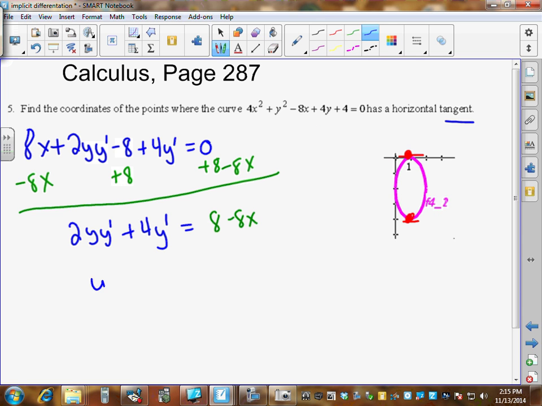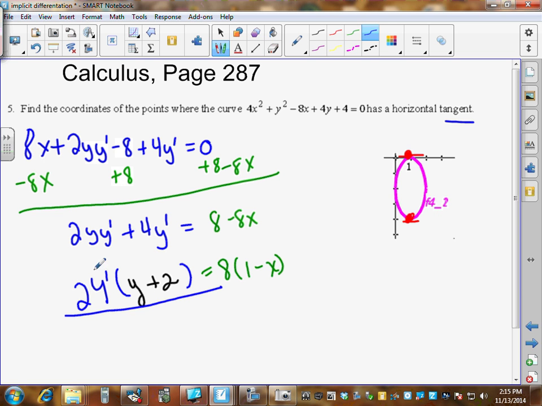Over here we have y-derivative in common. We also have a 2. That will leave us with y plus 2, and here I might as well go ahead and factor. That's going to be 8 times 1 minus x.